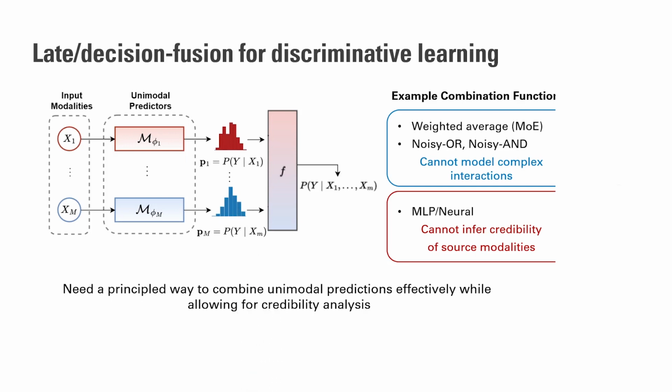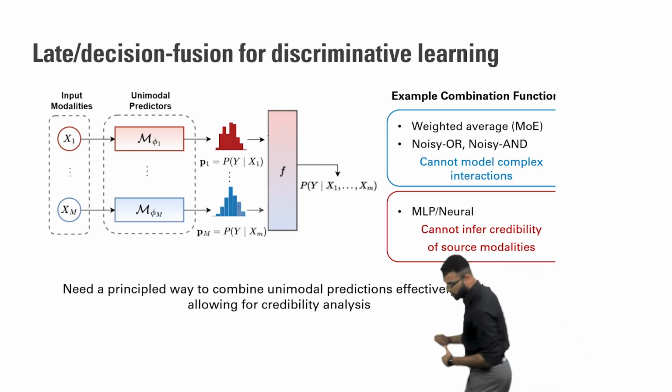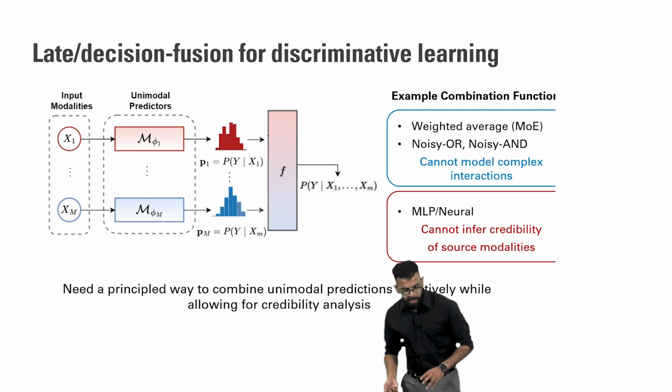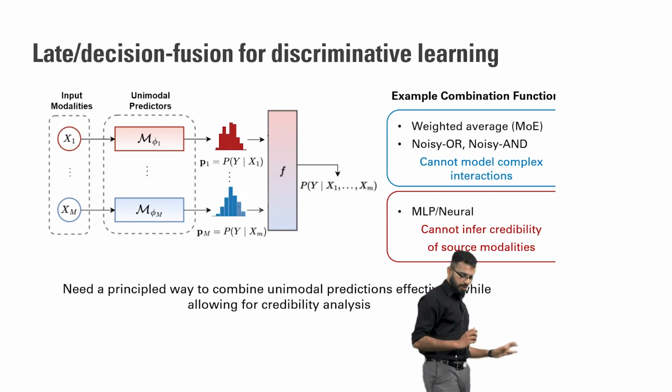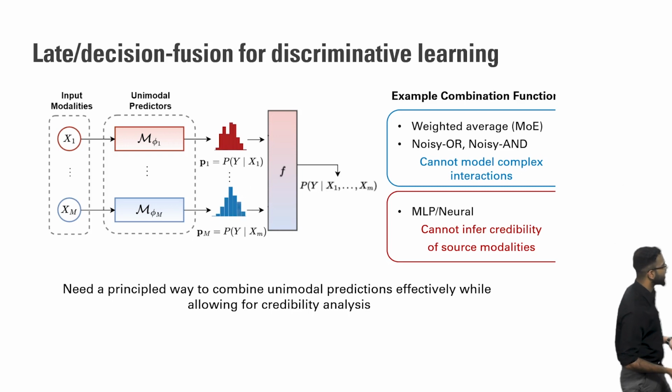You have a classifier for each modality that outputs the distribution over your target concept given that modality. And then you want to combine these distributions using some fusion function, in such a way that you can make good decisions, and you can also infer some notion of how credible a particular modality was.